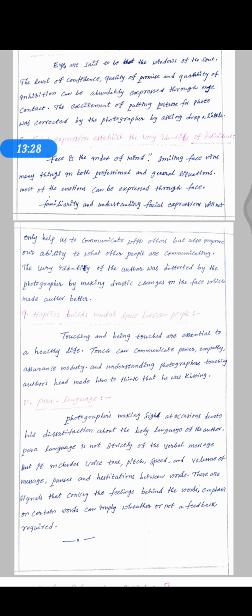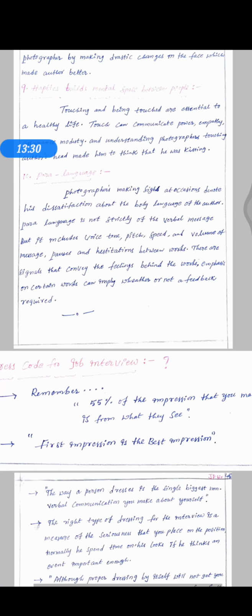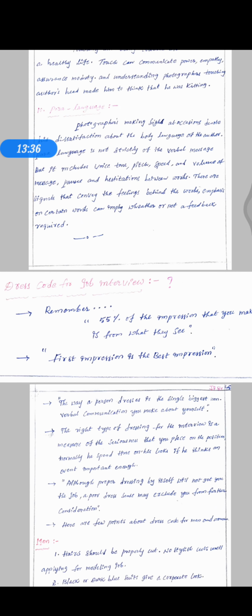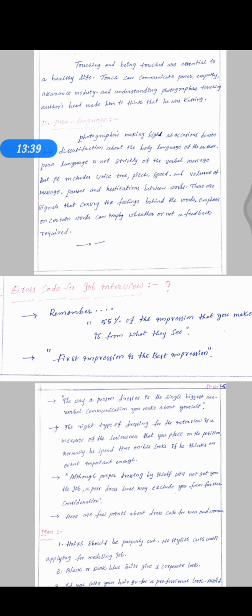The next important question: dress code for job interview. Dress code for a job is very important. Dress code plays the most important role in an interview.